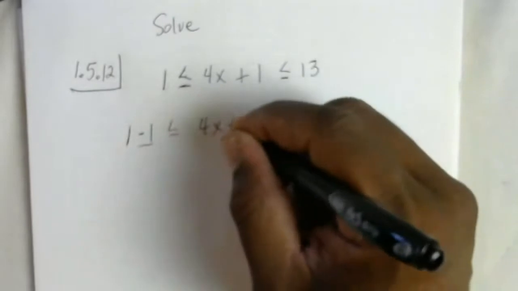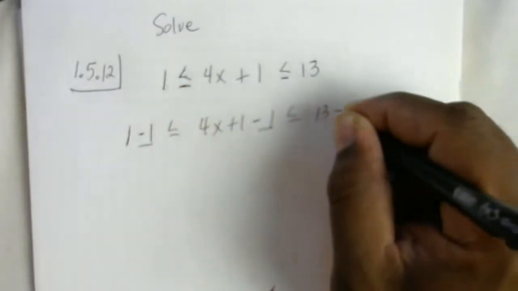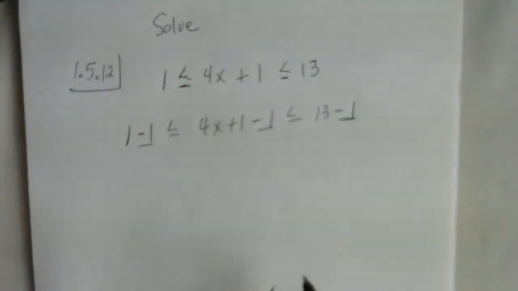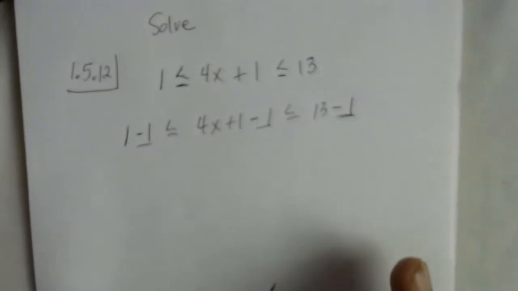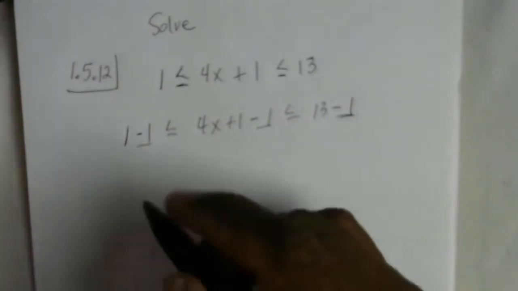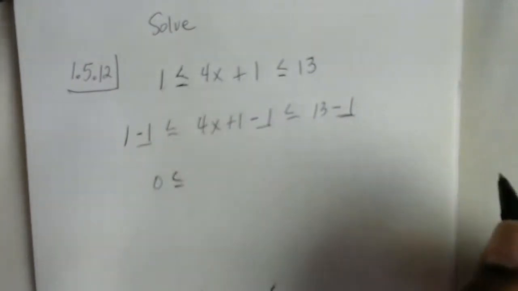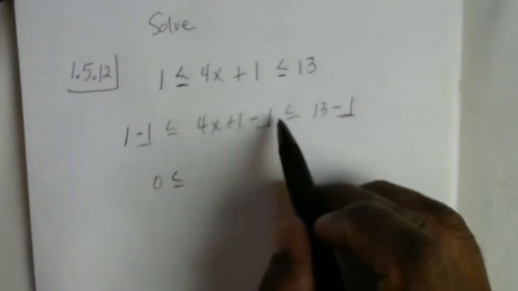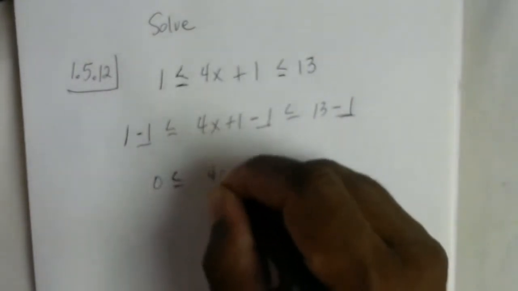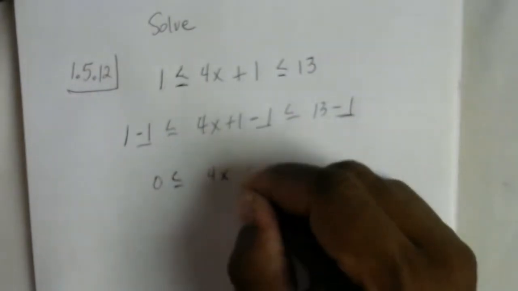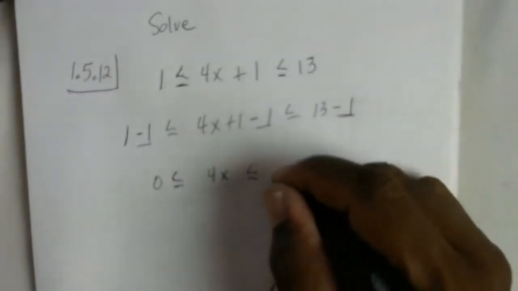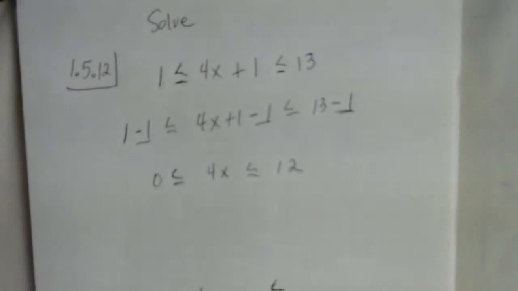So whatever you do to one side, you must do the same thing in this case to all 3 sides. So 1 minus 1 is 0. I'm going to bring down my inequality. The 1's will cancel in the middle. And 13 minus 1 is 12.